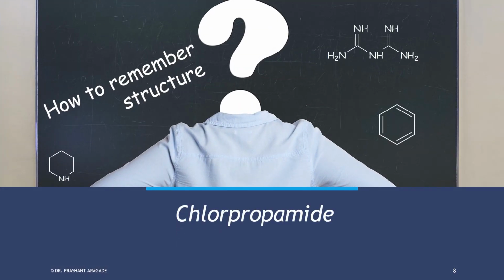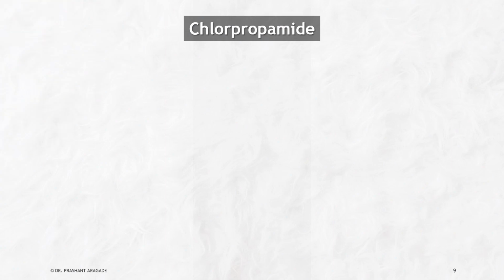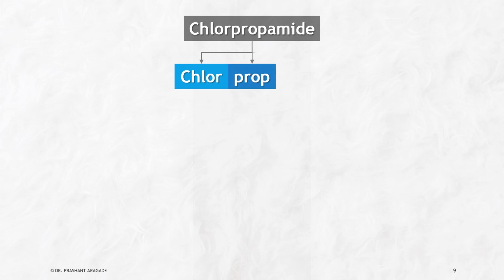So let's see how to remember the chemical structure of chlorpropamide. Now I am going to share a very interesting trick to remember the structure of chlorpropamide. You have to just break down the word chlorpropamide into three different words: chlor, prop, amide.